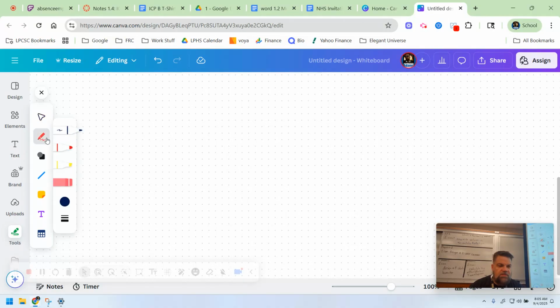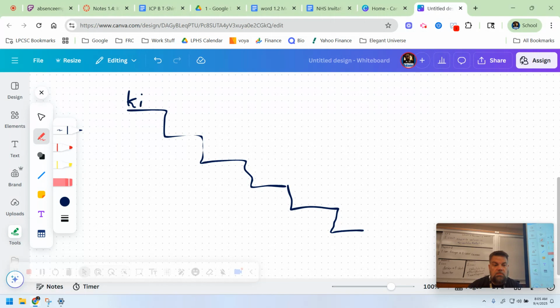So, you could think of this as like a stair step. So at the top, we would have kilo, and that is 10 to the third.